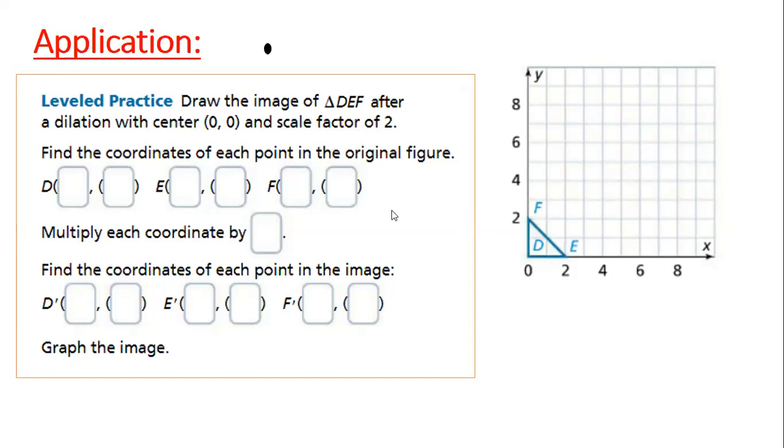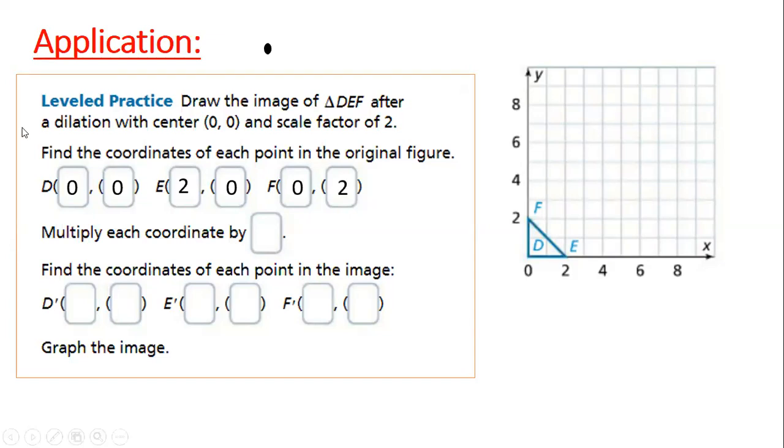Find the coordinates of D, E, F. What are the coordinates of the point D? D equals 0, 0. Very good. E equals 2, 0. Very good. F equals 0, 2. Excellent.